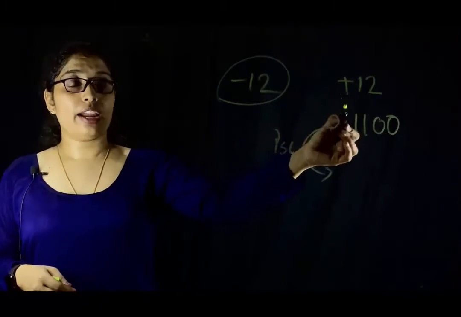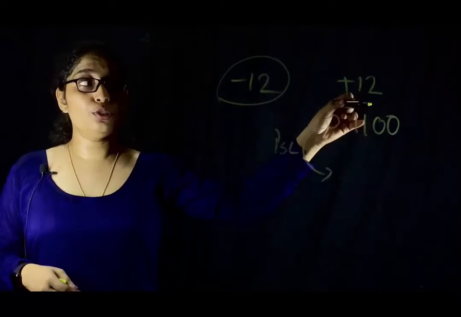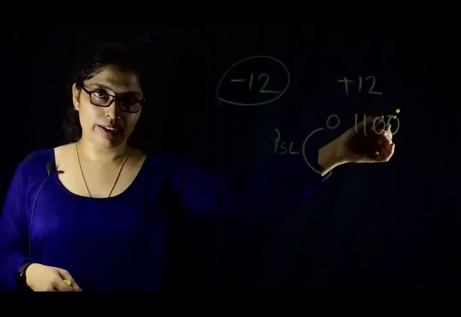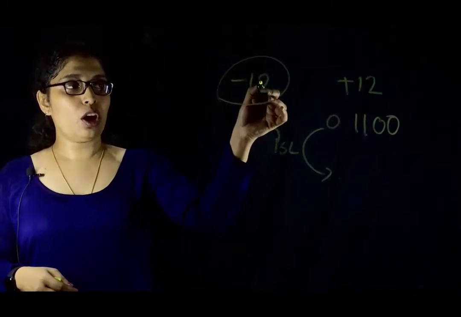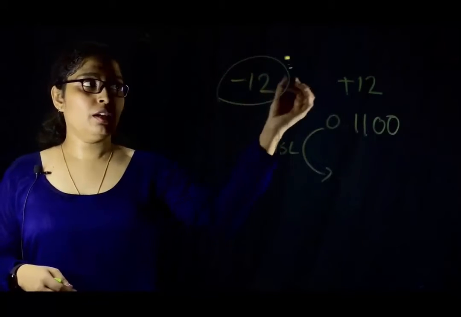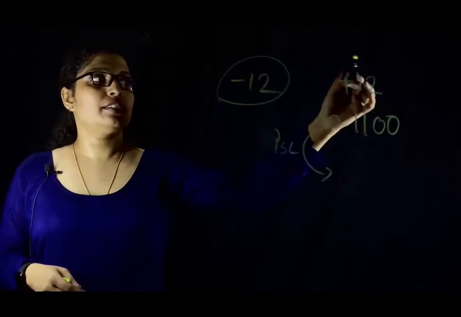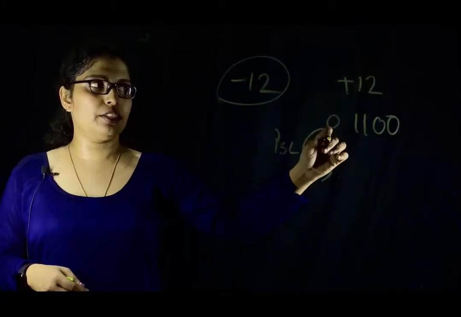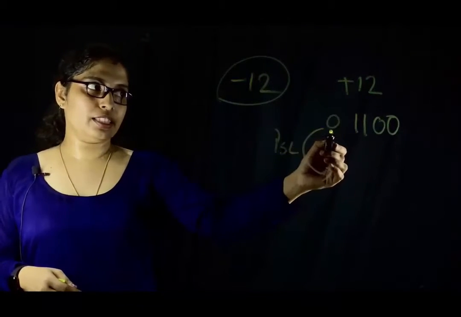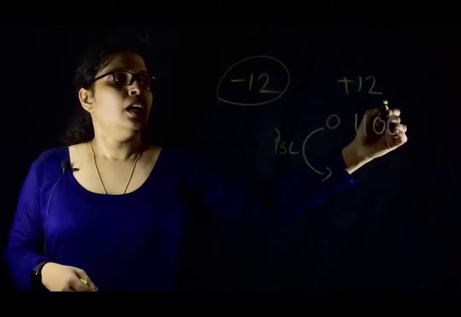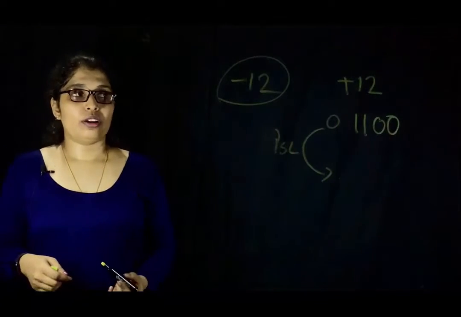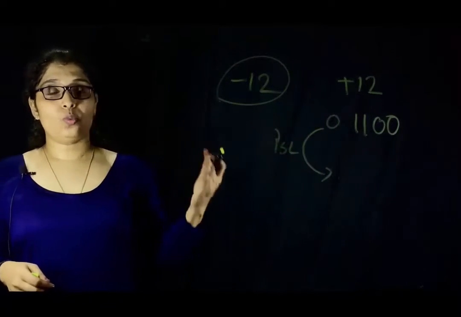Note this. So the sign is 0 and this is the binary pattern corresponding to magnitude 12, that is 1, 1, 0, 0.